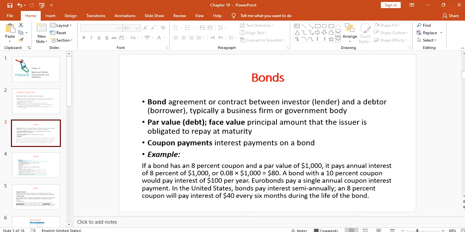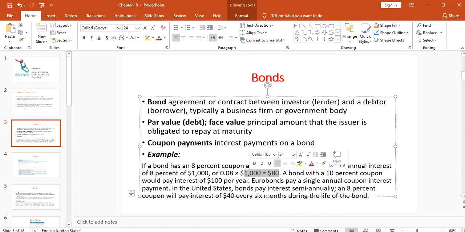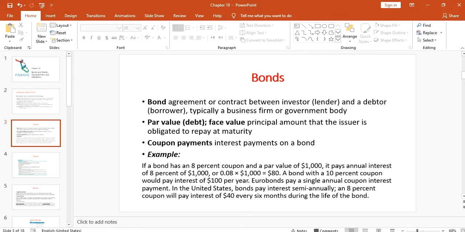So assuming $80, if it is paid semi-annually, the guy receives $40 every 6 months, until the bond matures, until the bond ends.